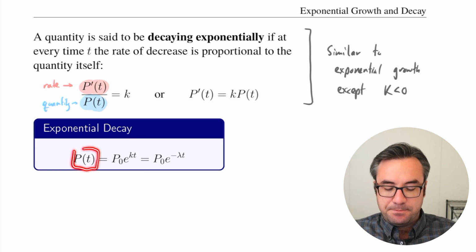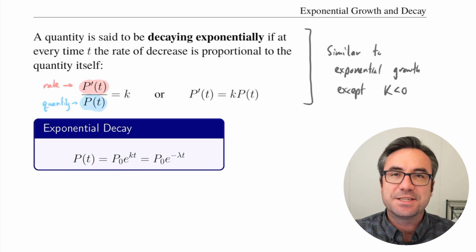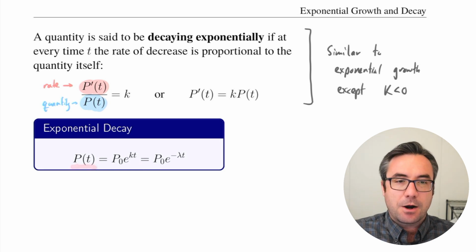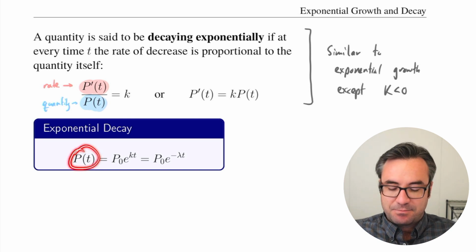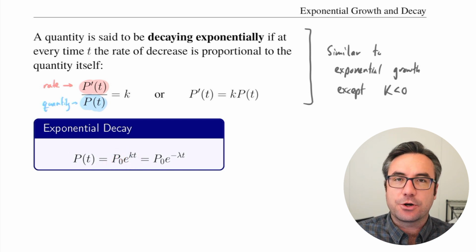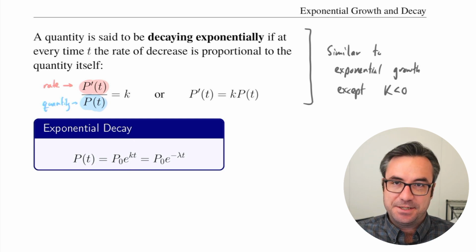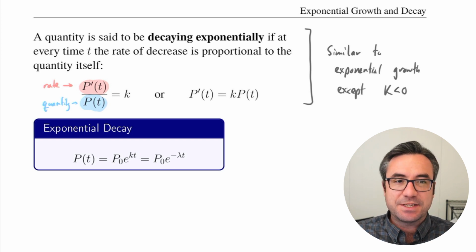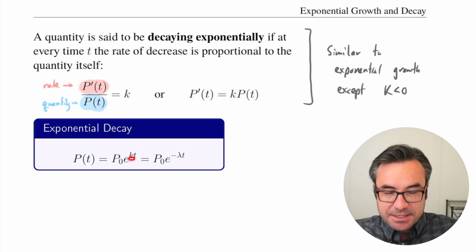So let's read through it. Now we're going to phrase this in the form of exponential decay. P of t, again we can think of this as population, is equal to P of 0 times that exponential factor, e raised to the kt. We're going to emphasize that this is the decay formula by making k negative here.